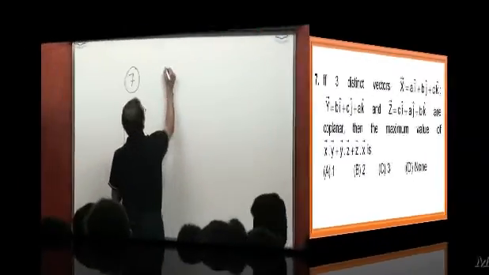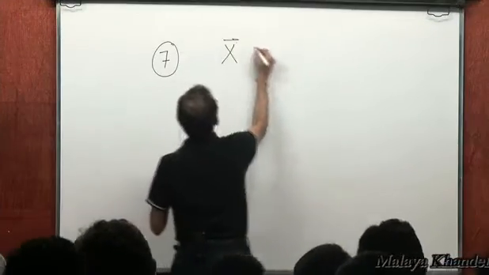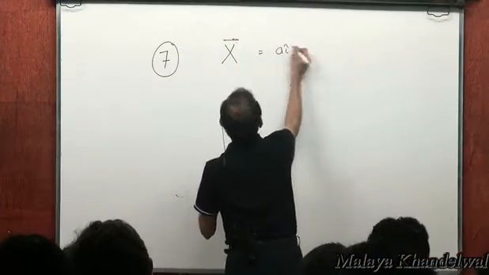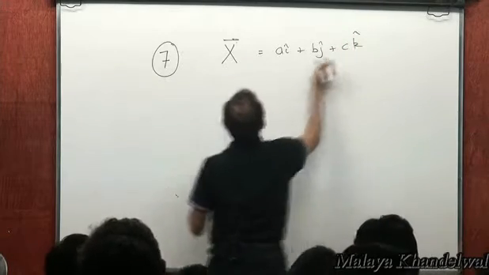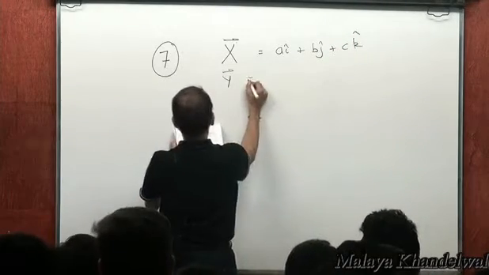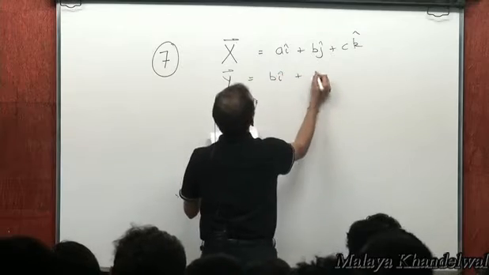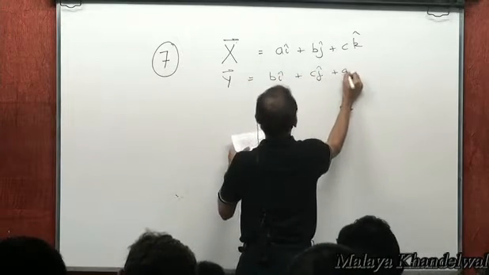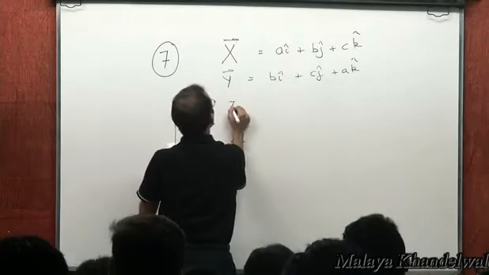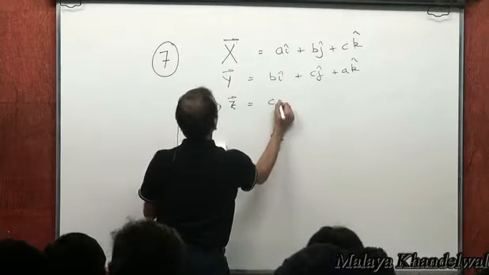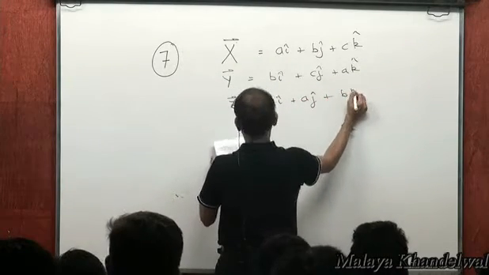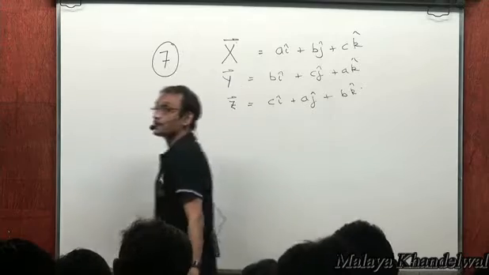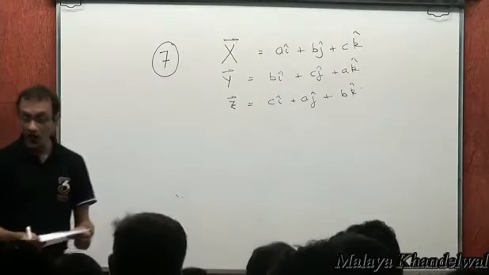There are three distinct vectors, X, which is AI plus BJ plus CK, Y, which is BI plus CJ plus AK, and Z, which is CI plus AJ plus BK. These are three distinct vectors and they are coplanar.